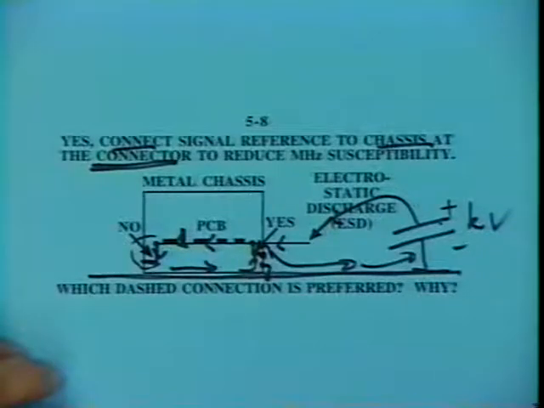Some arbitrary internal location is not going to be very good for us. So for high-frequency susceptibility, to keep high frequencies out of the metal enclosure, yet wires still coming into the metal enclosure, we want a connection between those wires and the enclosure, but we want it right at the point of entry, right at the connector.